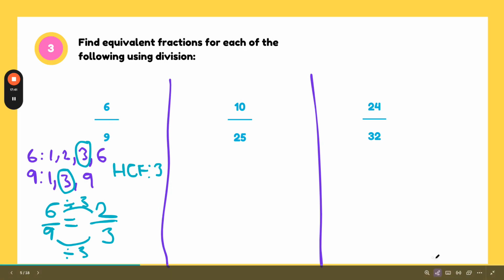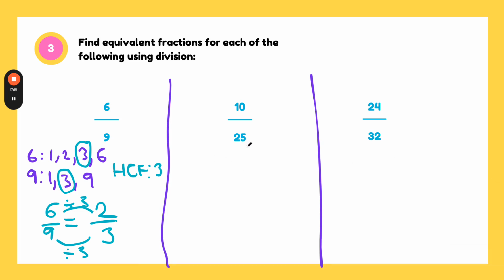Now I'm just going to quickly go through the last two so we can move on to today's main topic of the lesson. So this one we have 10/25. Our highest common factor would be, in this case, 5. So our HCF is 5.